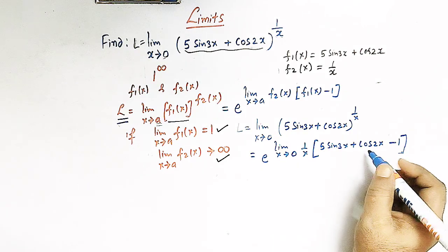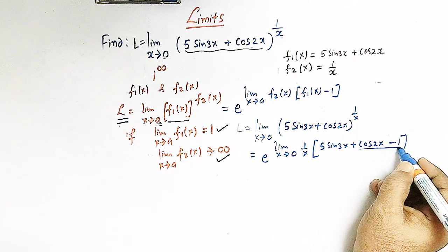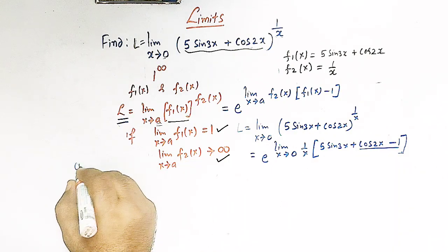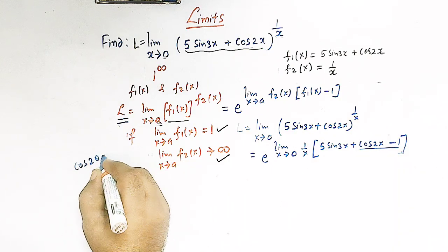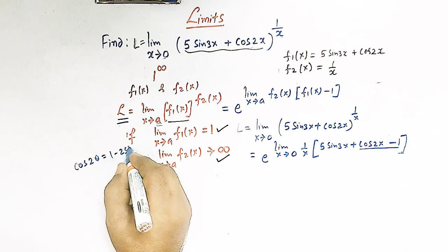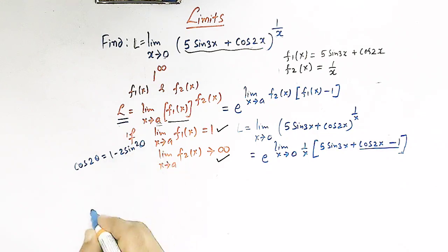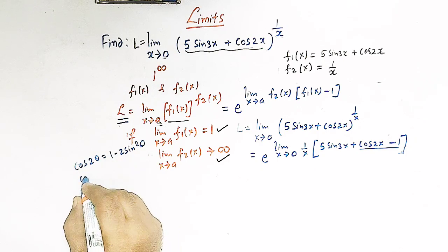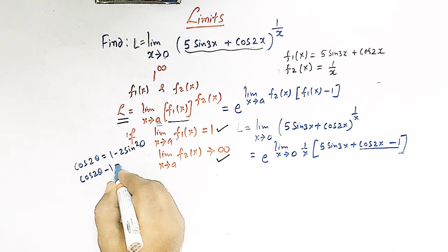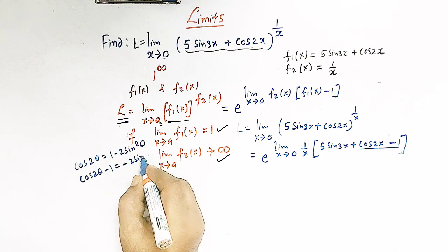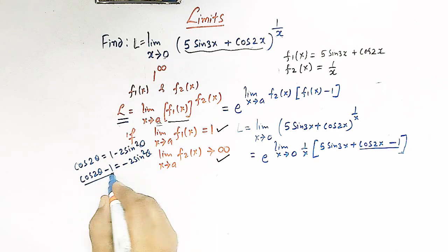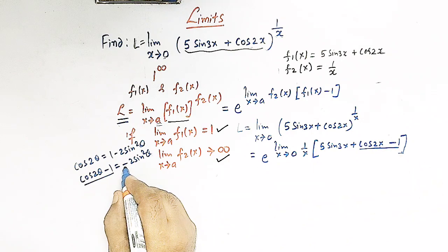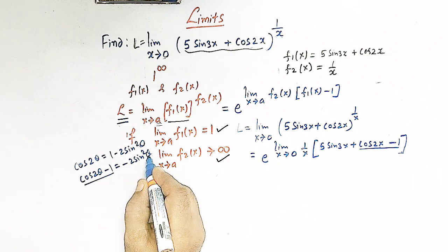So now let us first consider this expression, that is cos 2x minus 1. From trigonometry we know that cos 2 theta is equal to 1 minus 2 sin square theta. So if we take this 1 to the left hand side, we have cos 2 theta minus 1 is equal to minus 2 sin square theta, and now cos 2x minus 1 is equal to minus 2 sin square x.